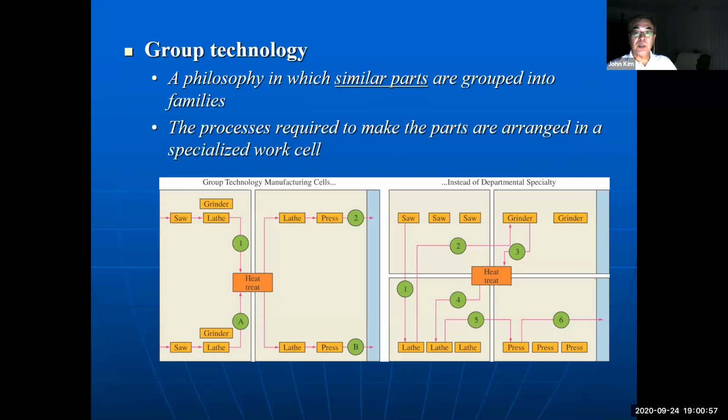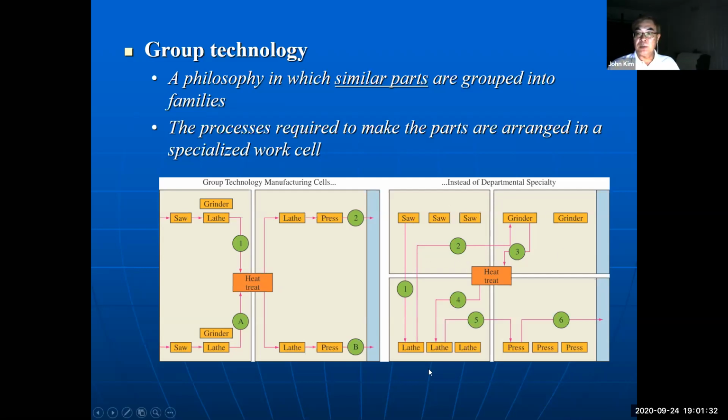And group technology, we talked about this earlier when we covered layout. Using group technology, we can make a cell. Without a cellular layout by group technology, the moving distance of parts or components in the process is long and complicated.